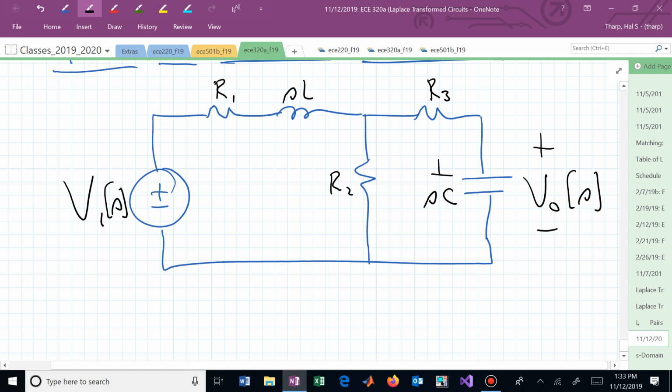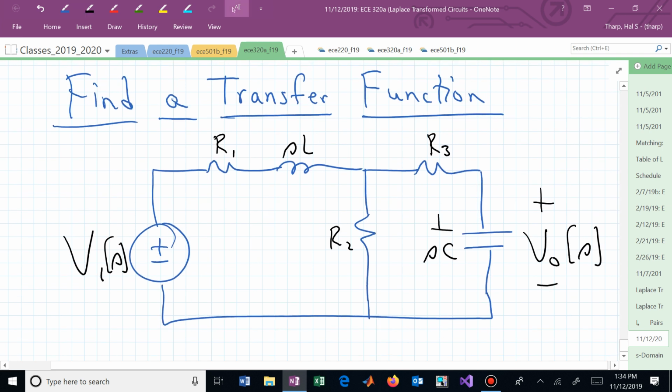Do I need to worry about initial conditions if I'm finding a transfer function? No, I'm just interested in dynamic behavior, the relationship between V1, the input, and V sub 0, the output. If I'm trying to find a transfer function, I can neglect initial conditions.